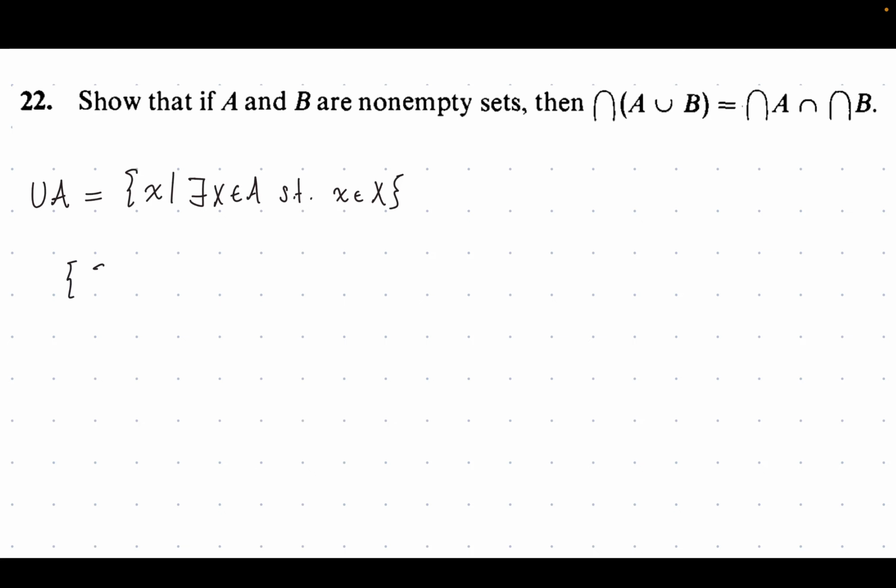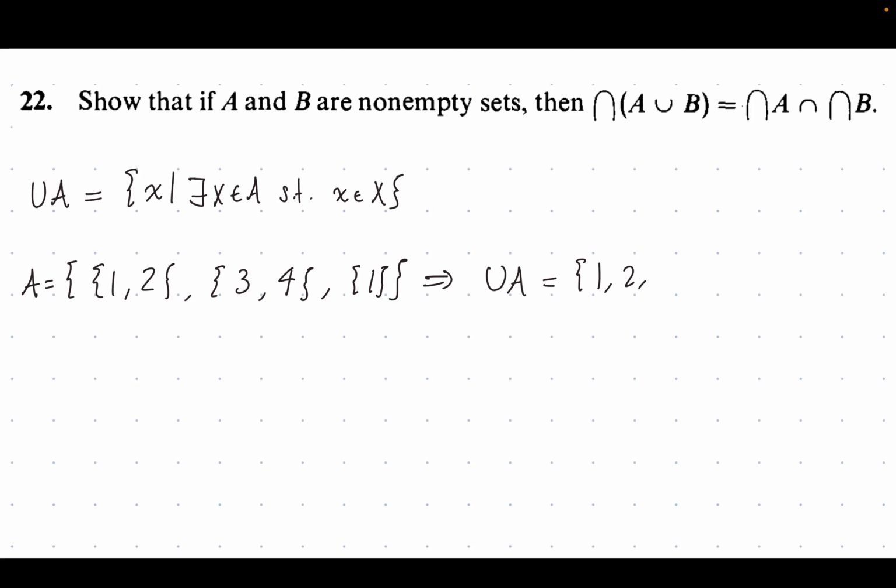So you have something like {1, 2}, and then maybe {3, 4}, and then the set {1} as an example. Then the union of A is going to be the numbers 1, 2, 3, and 4.